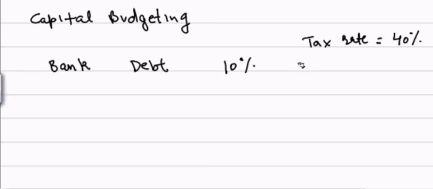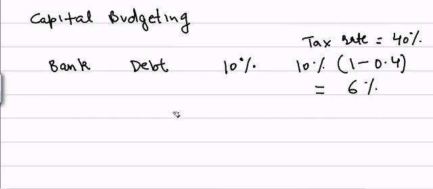So the total cost will be 10% times (1 minus 0.4), or only 60% of it. So we can say that the cost of the debt was only 6%, because 40% is saved on the interest we paid, in the form of taxes.